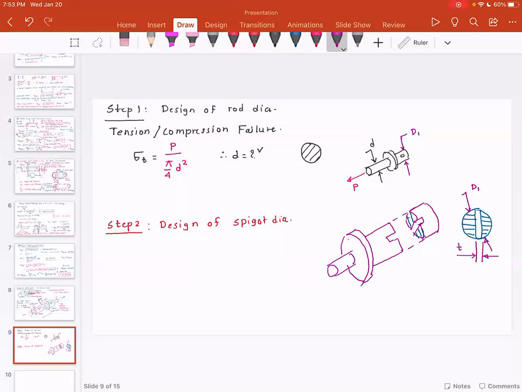So we need to look at the equation, which is sigma t, the tensile failure of spigot, equals P divided by pi by 4 d1 square minus d1 multiplied by t. Now I need to write this down. T is the thickness of quarter.